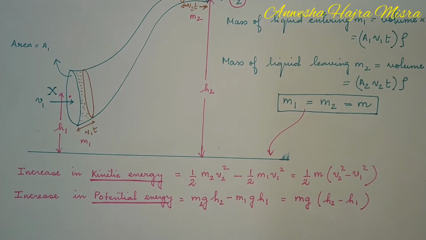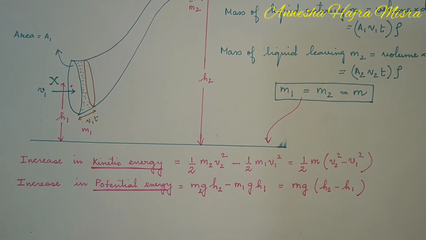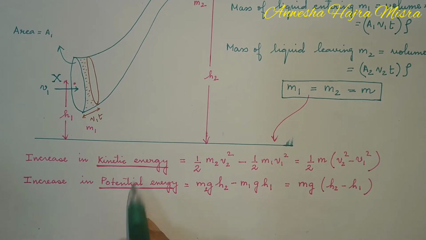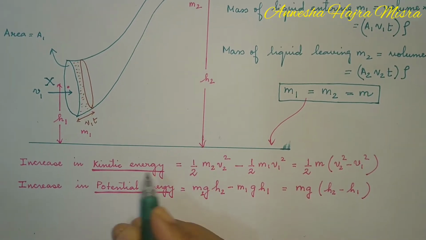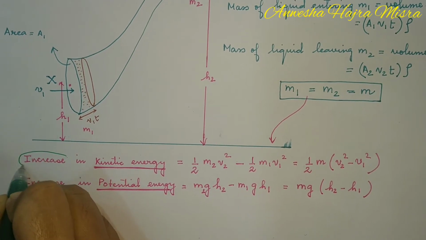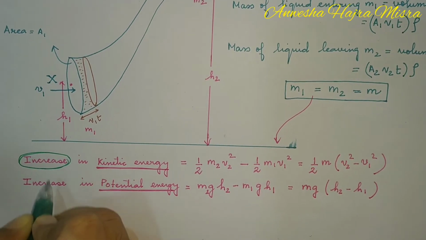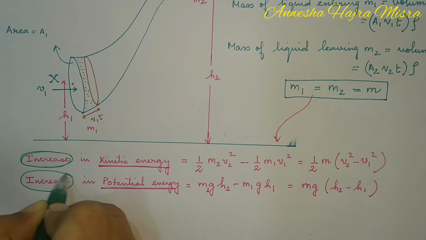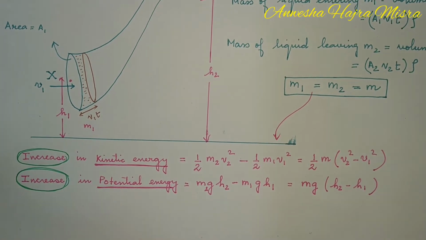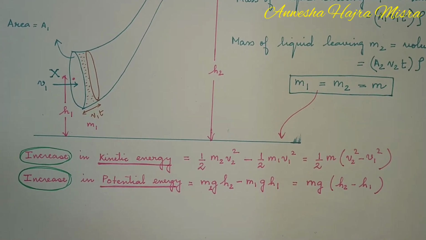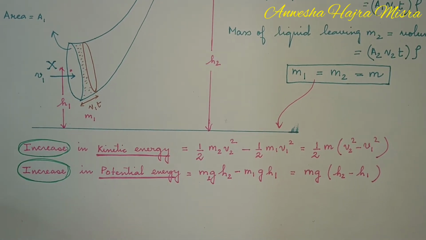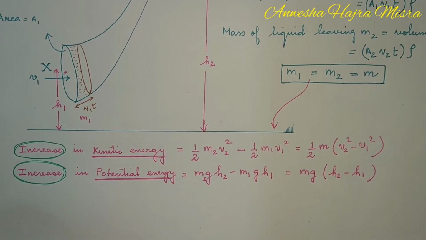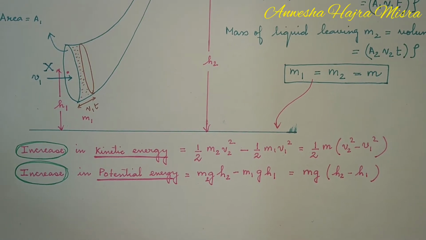Now the problem arises, children. How can it be that as the liquid moves from x to y, the kinetic energy also increases and potential energy also increases? How is it possible? When you are lifting this liquid, you have to use some external force to lift it.